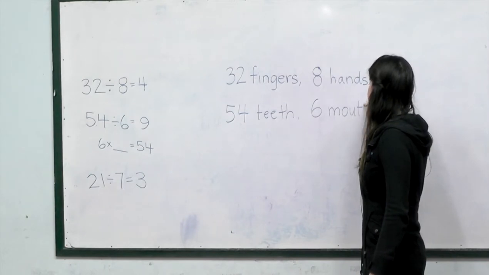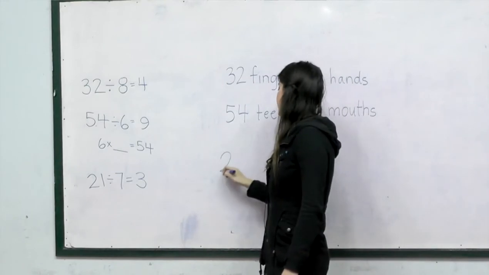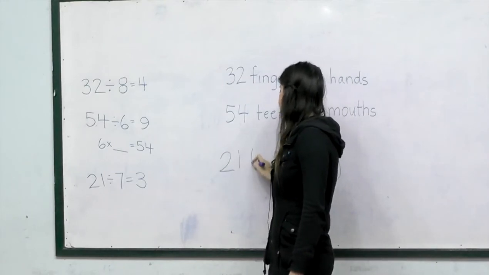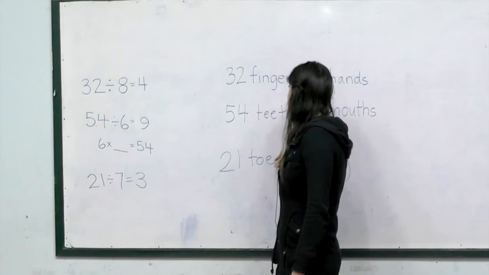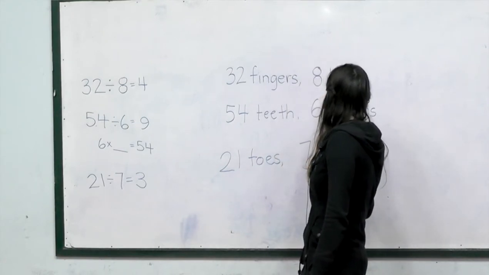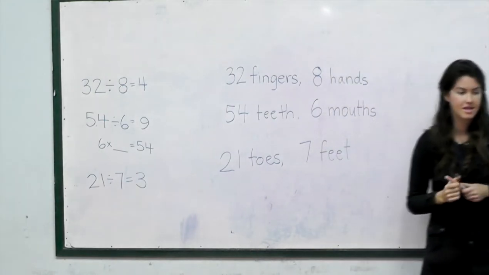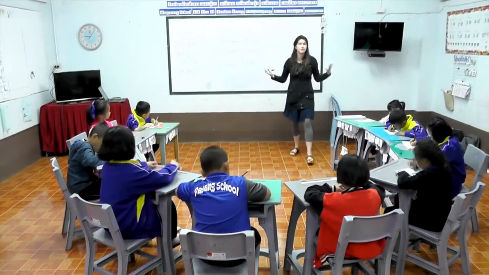It will have 21 stinky toes on 7 feet. Okay? So make your monster look however you want.